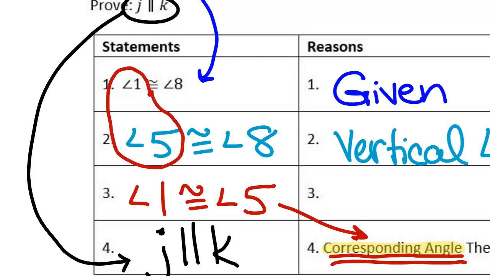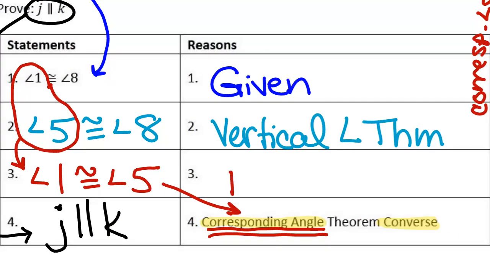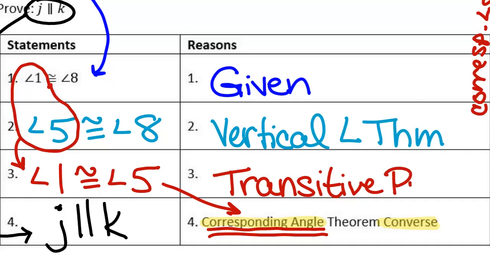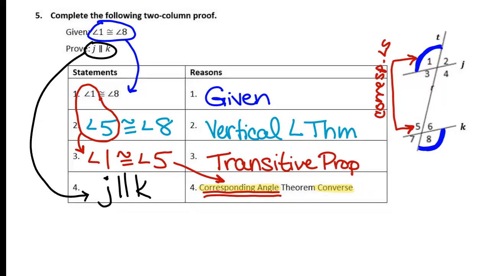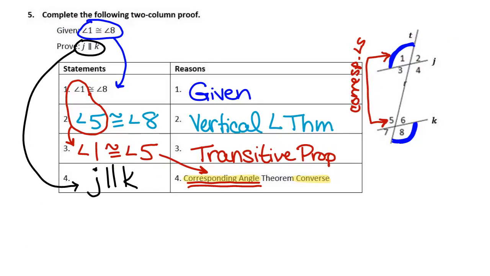We have these two angles right here that are both congruent to angle 8. So this is our transitive property. Nicely done.